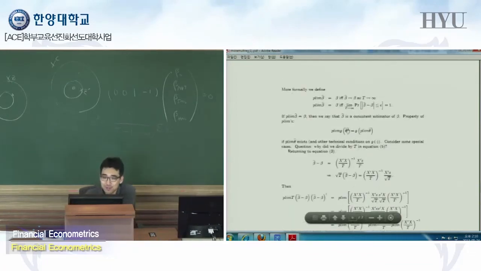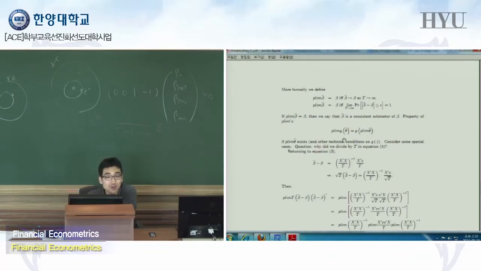An easy, convenient property of the probability limit is that the probability limit of a function g of theta hat, where theta hat is some estimate of theta, is the same as g of the probability limit of theta hat.